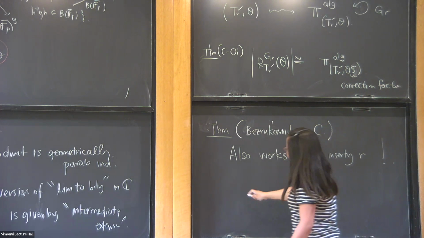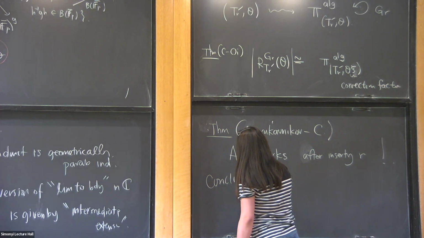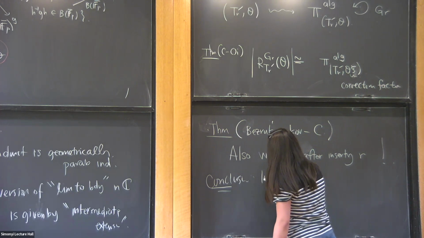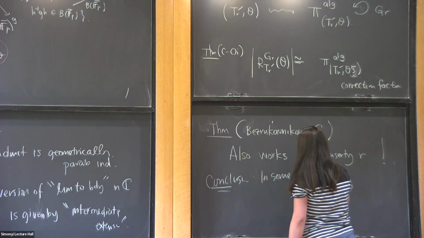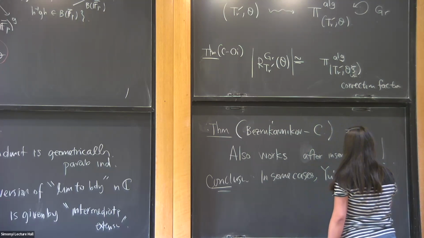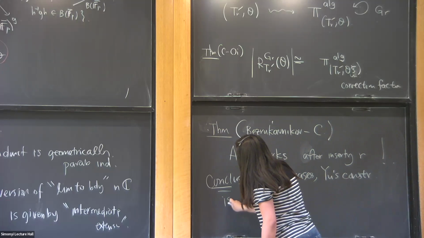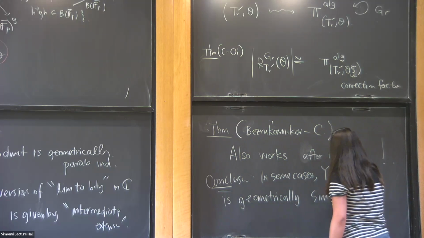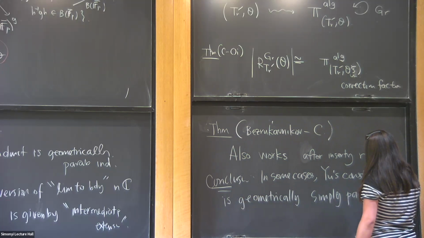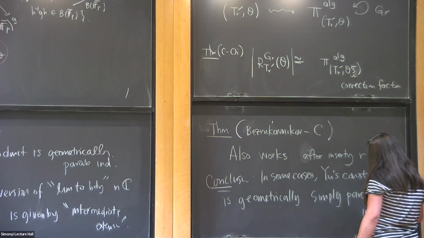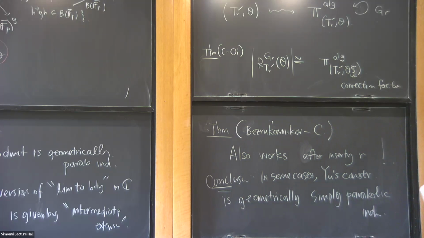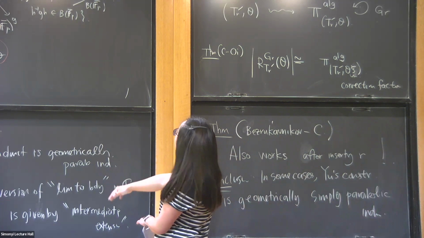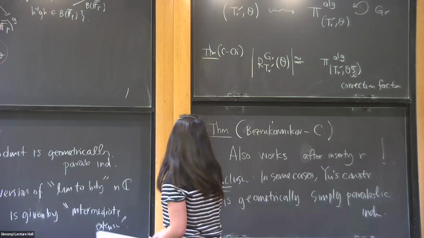So the conclusion here is that in some cases, Yu's construction is geometrically simply parabolic induction, where there's no twisting, no funny situation where you have to use a different variety because B was not stable or anything like that.